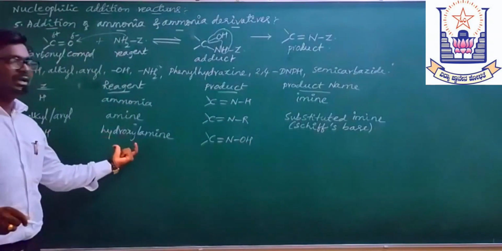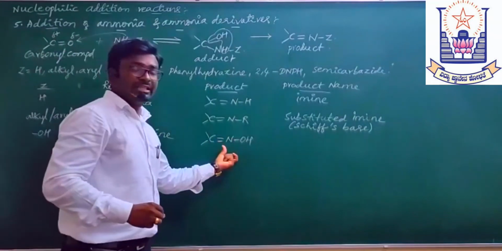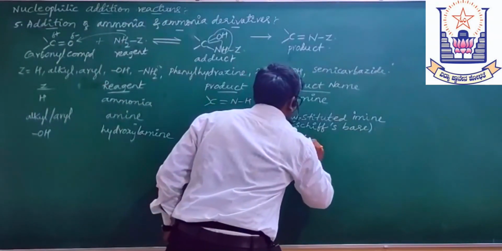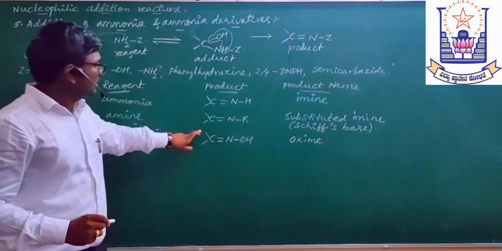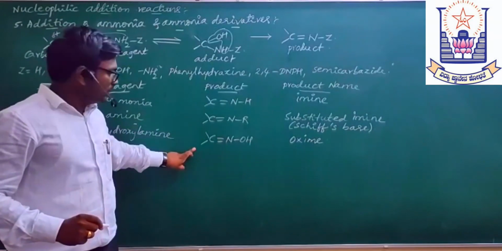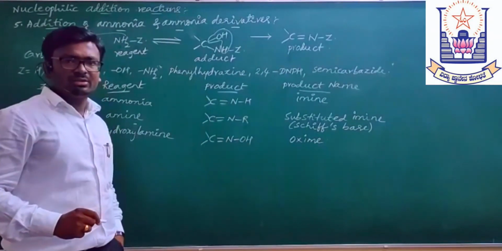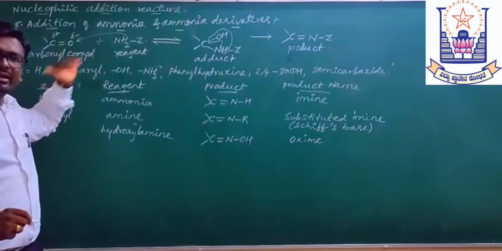Hydroxylamine, when treated with a carbonyl compound, gives the oxime. Here R dash may be any alkyl or aryl group. The carbonyl compound you treat may be either an aldehyde or a ketone.